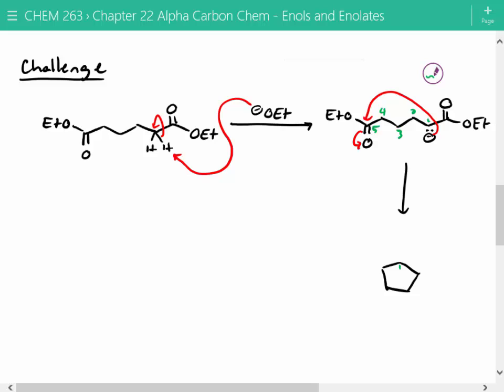So I'll number this new ring. We've got 1, 2, 3, 4, 5. If we look off of the 1 position, we've still got an ester group dangling off.